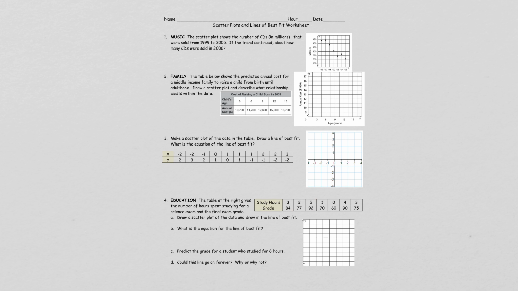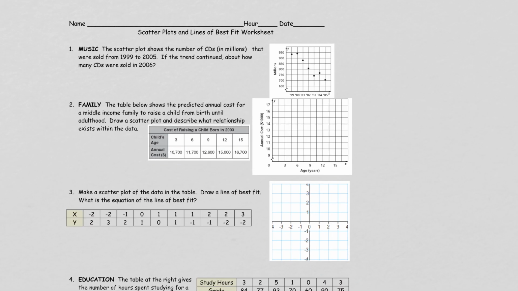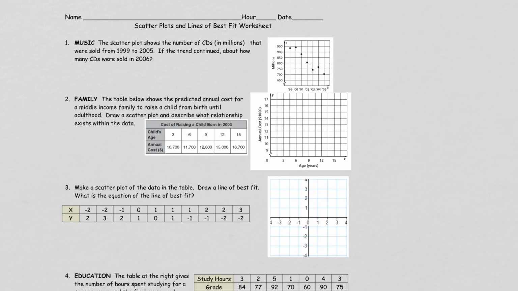I want you to find a good line of fit by hand, not using Desmos or Excel or a graphing calculator. So how would you do that? I'm going to do that for the first problem here. It says the scatter plot shows the number of CDs that were sold from 1999 to 2005.